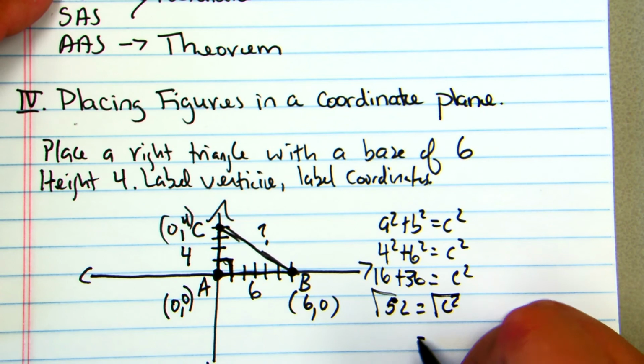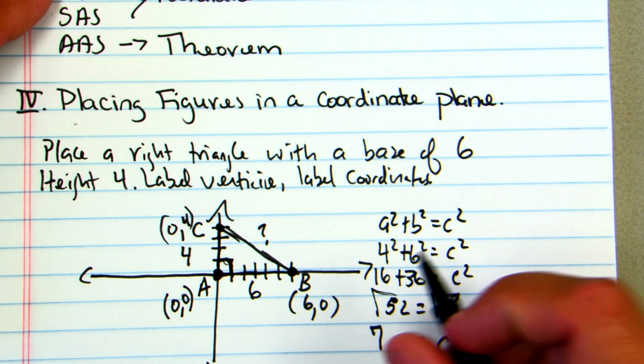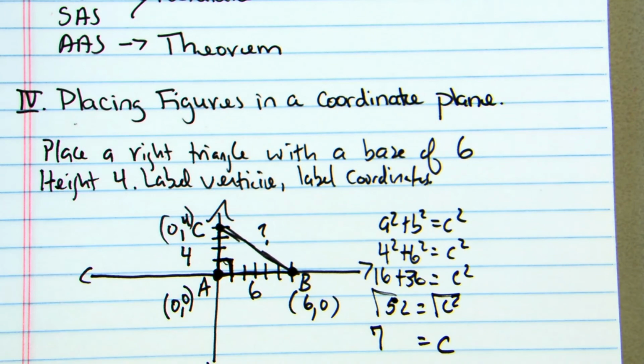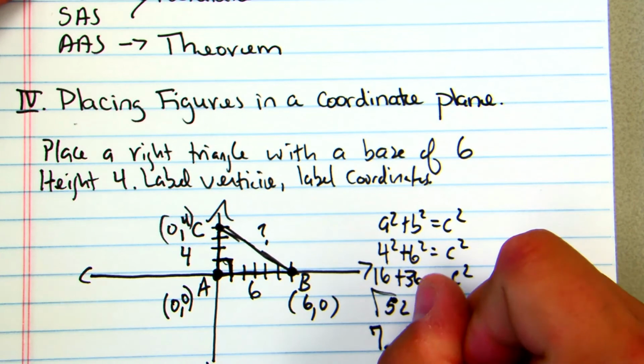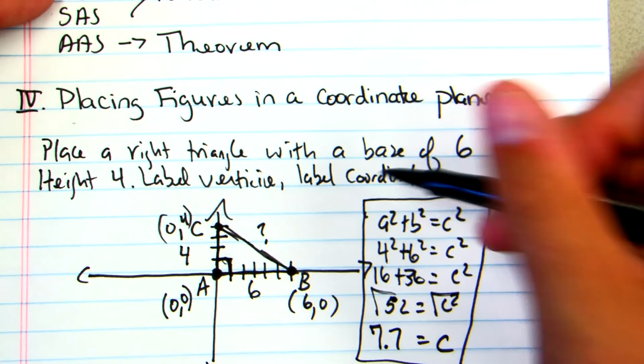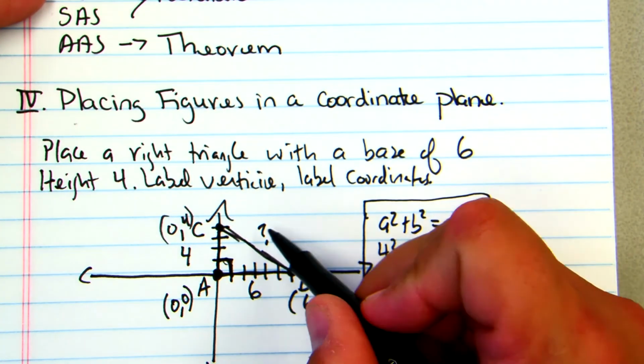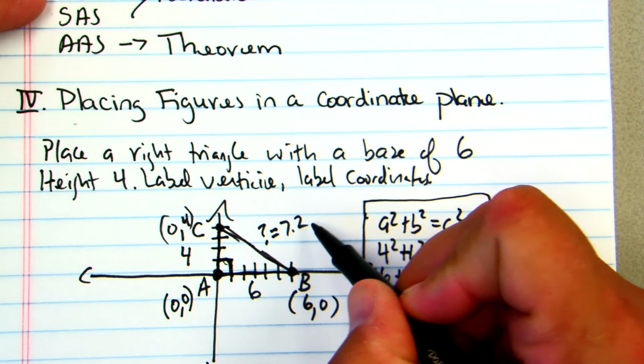Take the square root of both sides, and that's going to be about 7. Calculator out. Square root of 52, 7.2. Now, this is going to be a bonus. Probably not this exact way to do it, but you're going to need to do a Pythagorean theorem. Find out that that is 7.2.